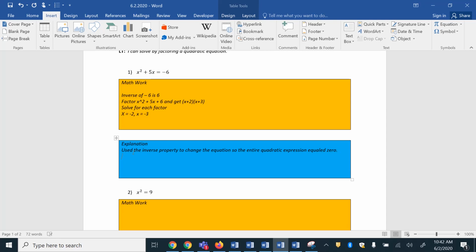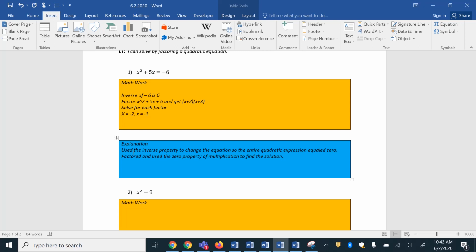And then we factored and used the zero property of multiplication to find the solution. So kind of just saying the properties that you used worked.